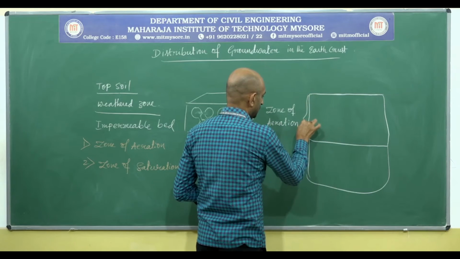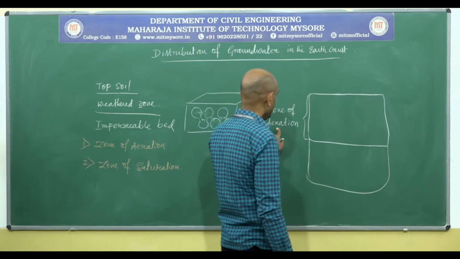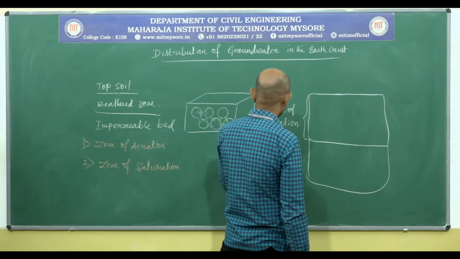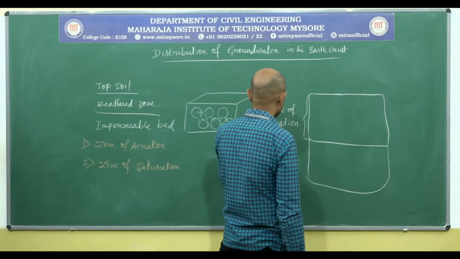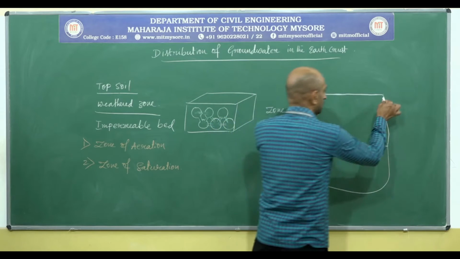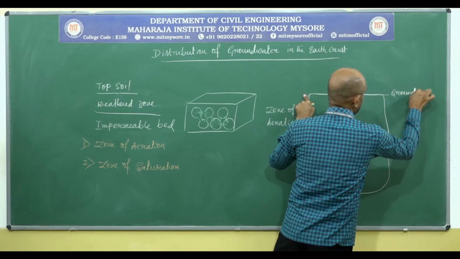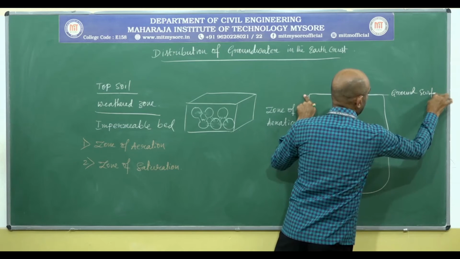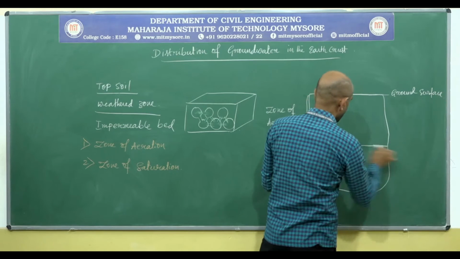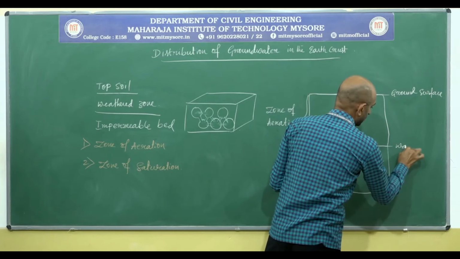This region is called the zone of aeration. What is zone of aeration? The zone between this is the ground surface, this is the water table.